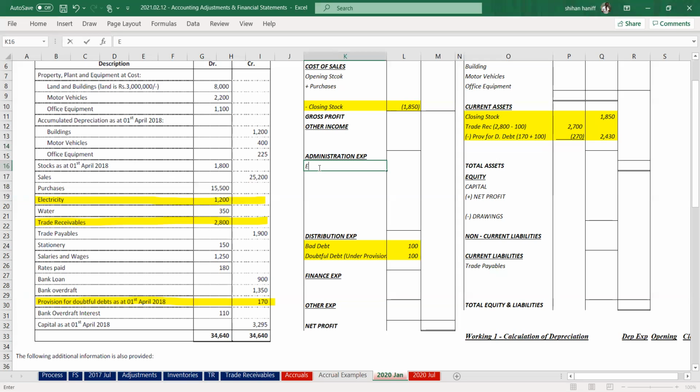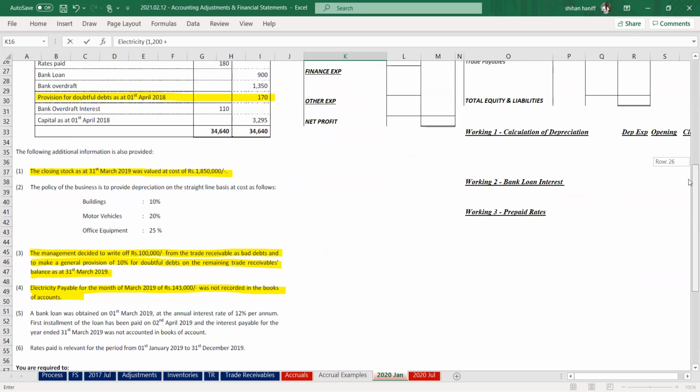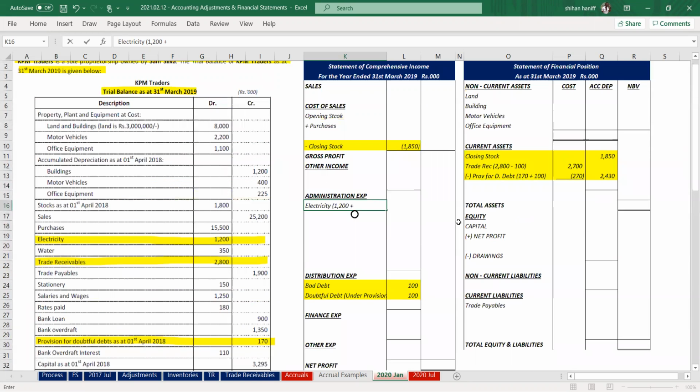So on administration, we can take electricity within bracket 1,200. Paid amount is 1,200. Payable amount is 143. So you need to add 143 to the electricity account, and it will be a current liability.